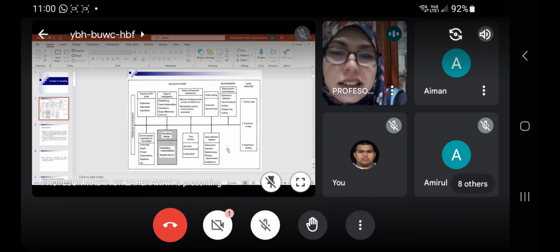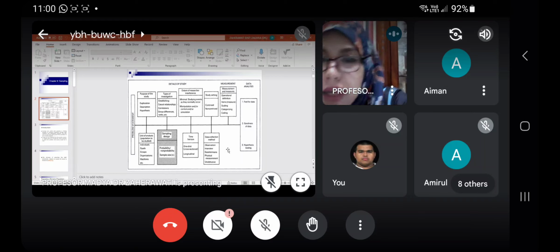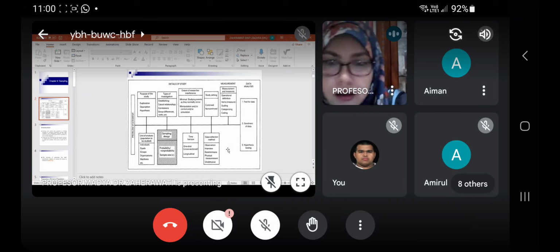Again, back to the research design figure, and we are at the step of, where is it? Sampling design. So sampling design means that we are talking about probability or non-probability sample size. So these are the things. It's quite lengthy, even though it's only one sub-item for sampling design.